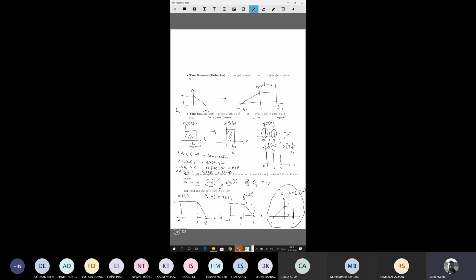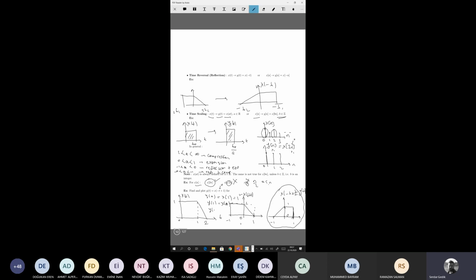So y of 0 is simply here 1. So both are equal to 1. So the first value is true. Or let's say we check y of 1. What is y of 1? Put t equals 1, it is x of 0. And both are equal to 1, that's true.